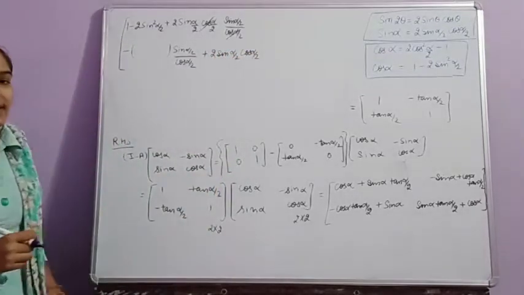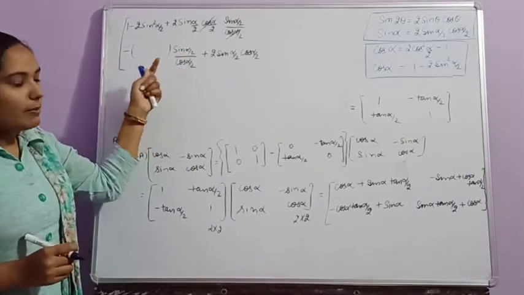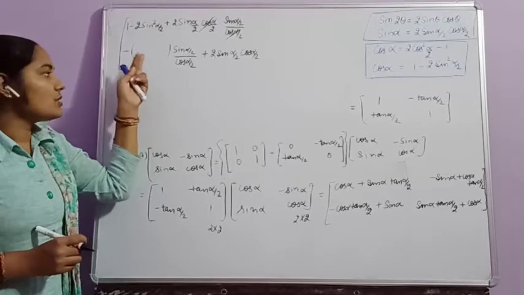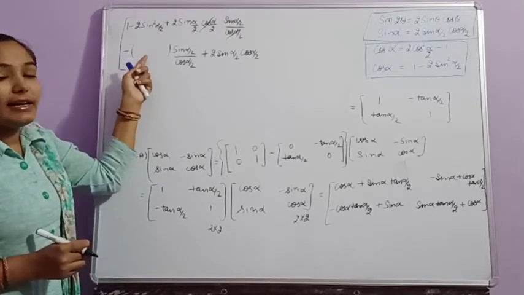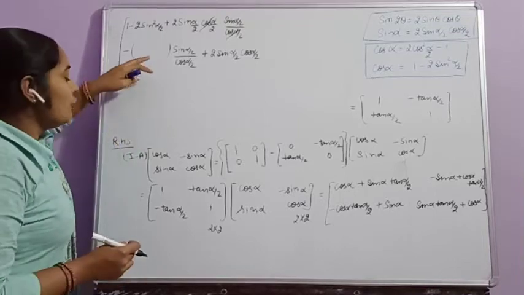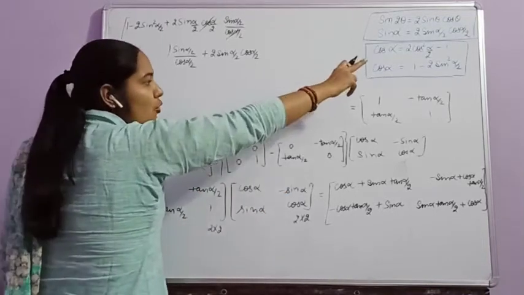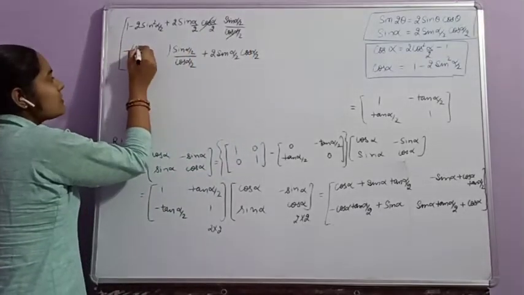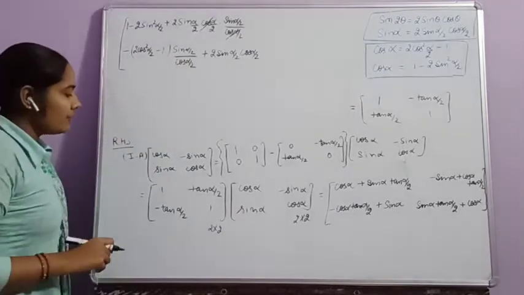Here we can see that if we multiply sin alpha by 2 divided by cos alpha by 2 with that bracket, then cos alpha by 2 can be cancelled out only when we have cos alpha by 2 here. So we replace cos 2 theta in the form of cos, that is 2 cos square alpha by 2 minus 1.